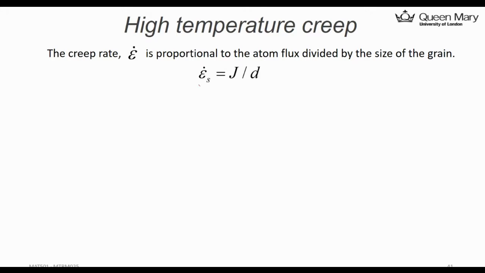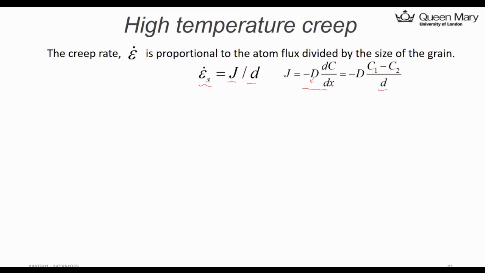The creep strain rate is equal to your diffusion flux, which is J, divided by the size of the grain. Okay, and the J, as I showed you before, is the diffusion coefficient times the gradient of concentration.